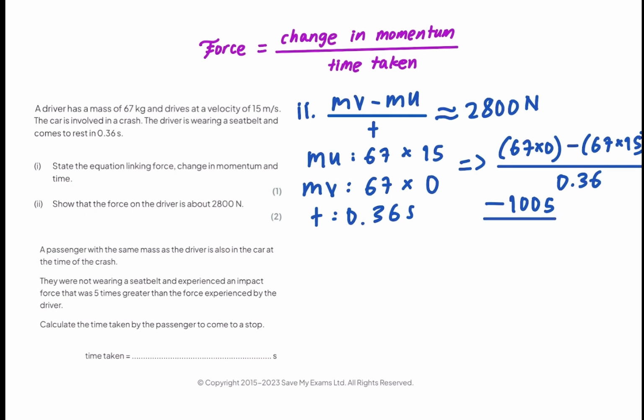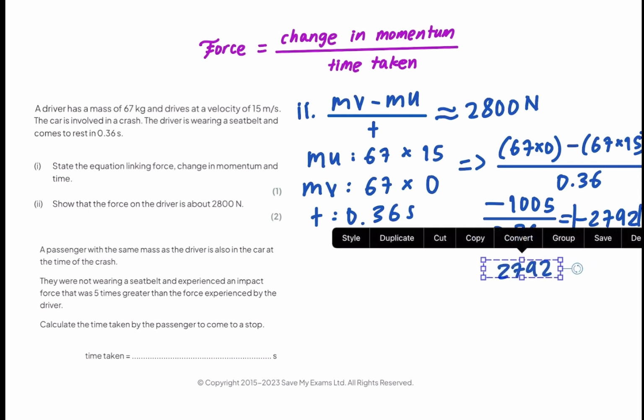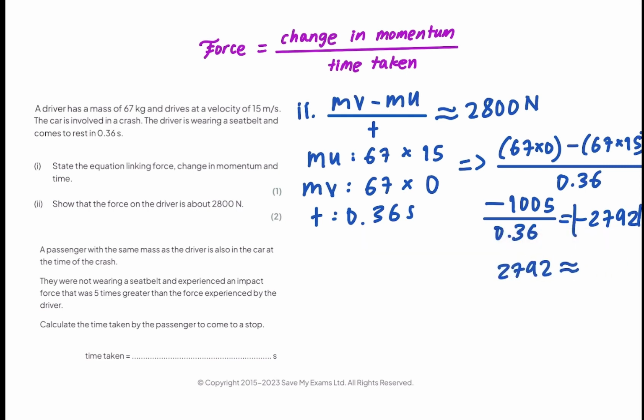Divided by 0.36 seconds. So 1005 divided by 0.36 equals negative 2,792. Now we can just ignore the negative sign and take the absolute value of that, which is 2,792. And that is approximately 2,800 newtons.